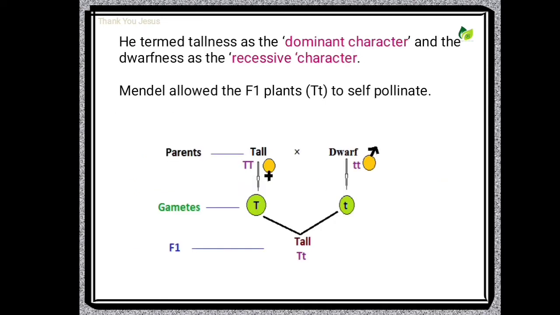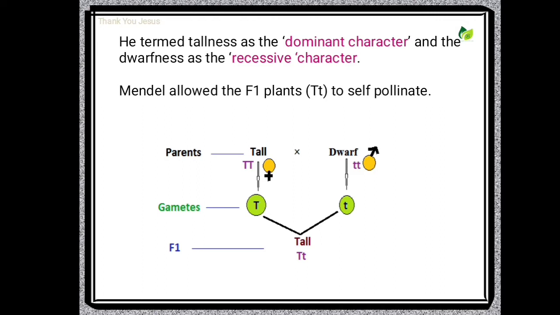Thus, the F1 generation plants contain the genes capital T and small t. In appearance, these plants are tall because capital T is dominant and small t is recessive. So he termed tallness the dominant character and dwarfness the recessive character.